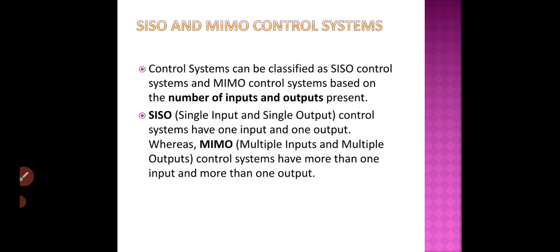If a single input and single output is given, then we call this a single input and single output control system. If the number of inputs and outputs is more than one, then we call it a multiple input and multiple output control system.